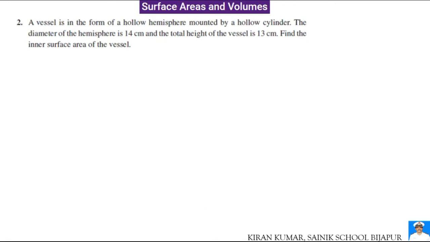Second question. A vessel is in the form of a hollow hemisphere mounted by a hollow cylinder. The diameter of the hemisphere is 14 centimeter. The total height of the vessel is 13 centimeter. Find the inner surface area of the vessel.